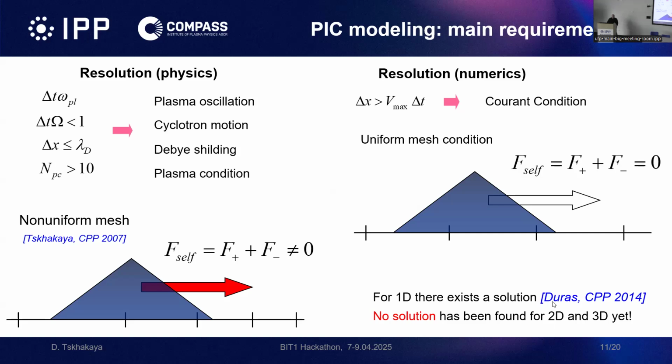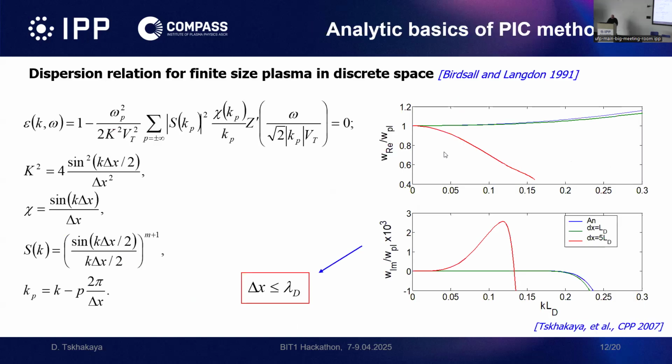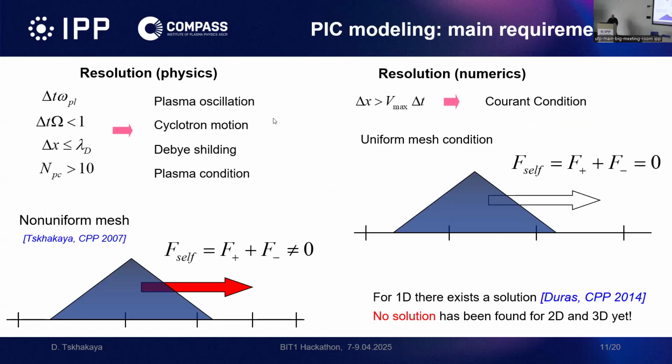For 1D, one can find a solution, and it should probably not be so difficult, at least for Cartesian coordinates, to find a solution for a non-uniform mesh, but the classical one is not fully correct. If you have a non-uniform mesh, your code has a self-force. That's why BIT1 always uses a uniform mesh, although if there is some manpower, probably we can go to a non-uniform mesh too.